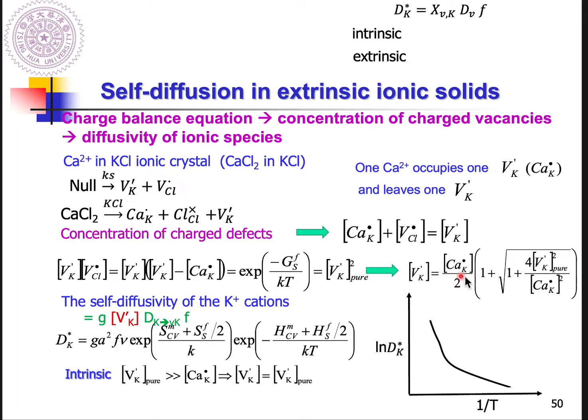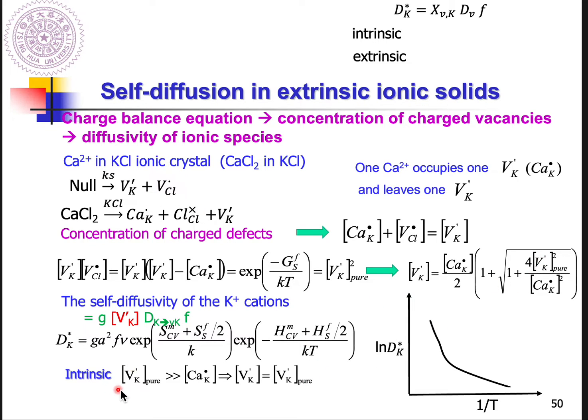Then you drop this term out and you get the VK prime purely from before doping. Some people call it an intrinsic property because the vacancy fraction at the potassium side equals the vacancy fraction before doping, which is formed only due to the Schottky defect.